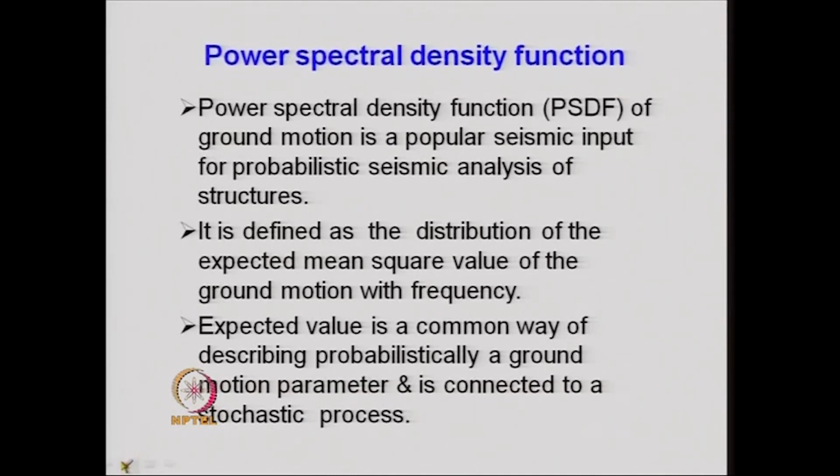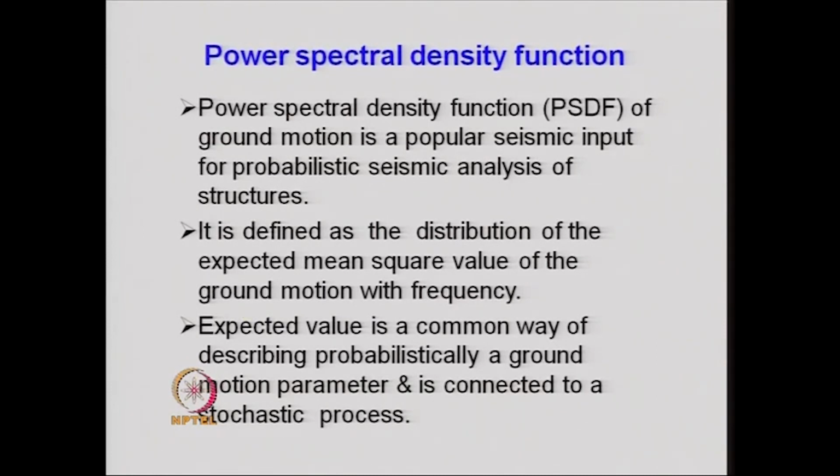Now, we will look into this power spectral density function in more detail later on in chapter 4, as I told you, but for the time being, with this definition of the power spectral density function, we will go ahead and show you how we can construct the power spectral density function.